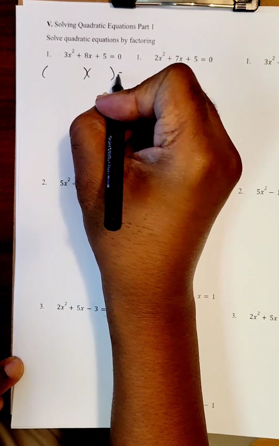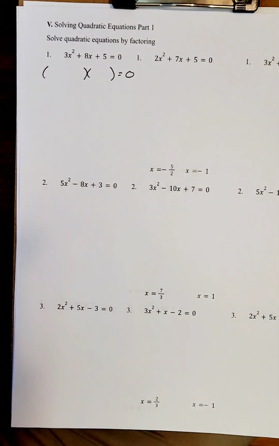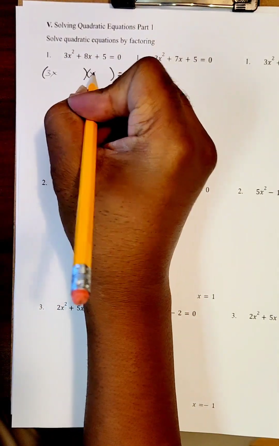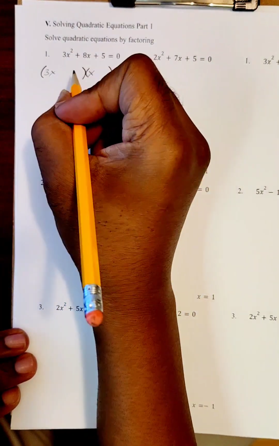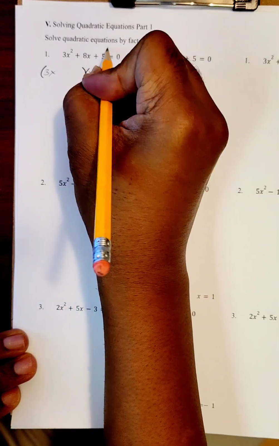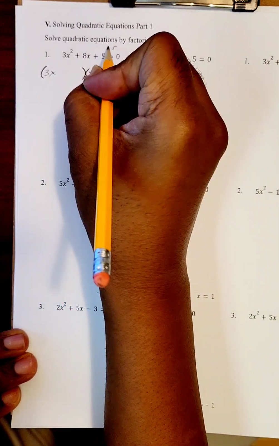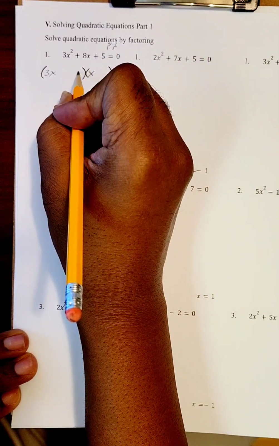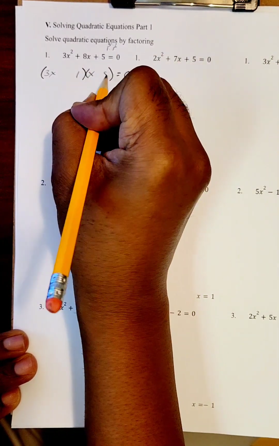So we're going to factor this into two factors, and 3x squared, we'll say that was 3x times x. For 5, let's try 1 times 5. We also have 5 times 1. So let's try 1 times 5.